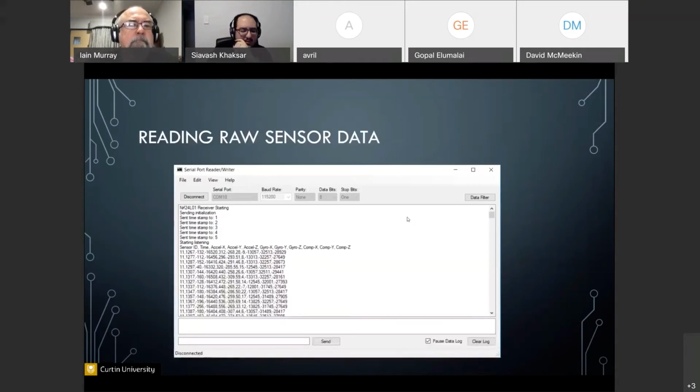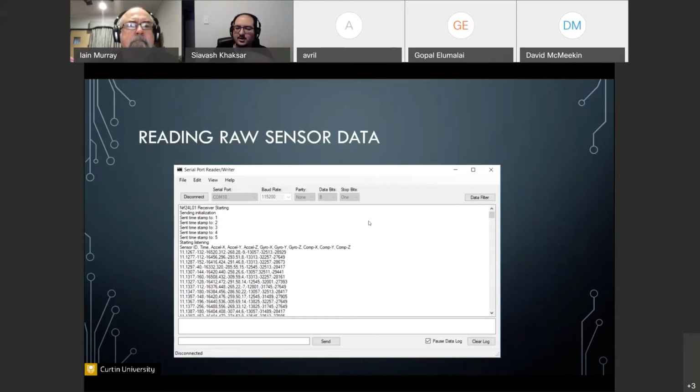All right, so I also wanted to give an example of how reading the data would typically look. This is from the sensor I showed you, the cerebral palsy one. As you can see, this is simply a serial monitor reader. It's reading off the serial port of the receiver, and it's reading the accelerometer and gyroscope data.